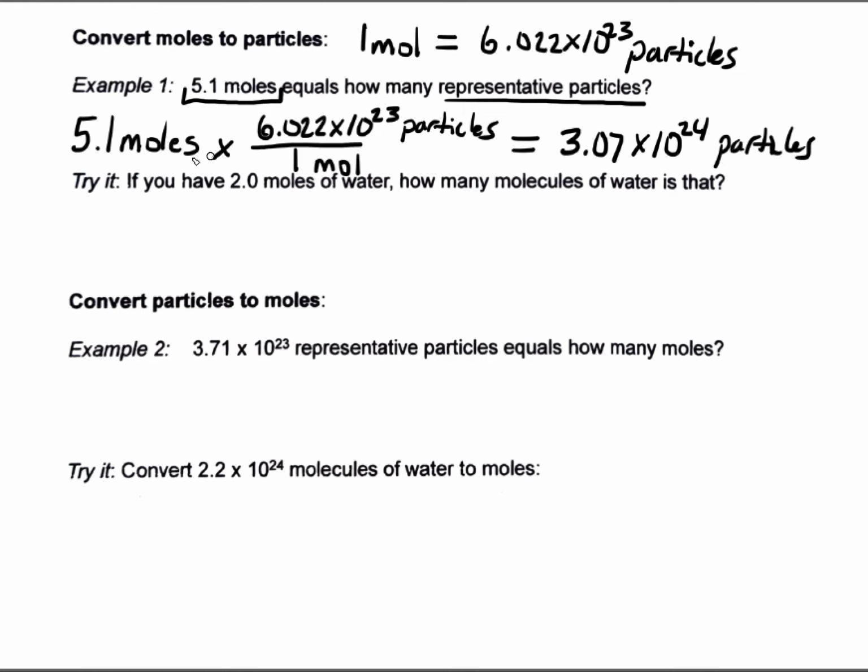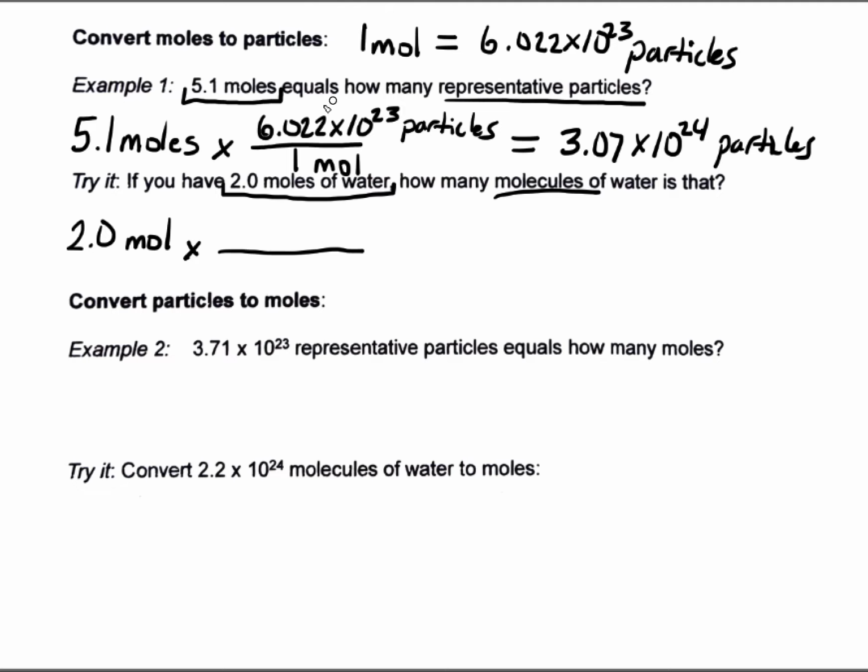Okay? Let's say that we have 2 moles of water, which remember, water means we're dealing with molecules. How many molecules is that? Well, we're going to set this up just like we did up here. We are starting with 2.0 moles of water, and we want to convert that into particles.